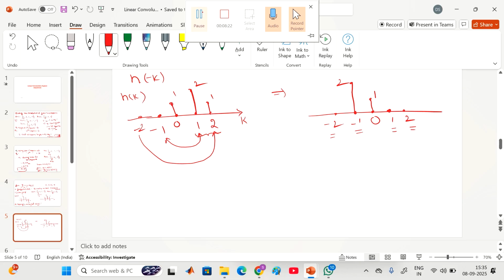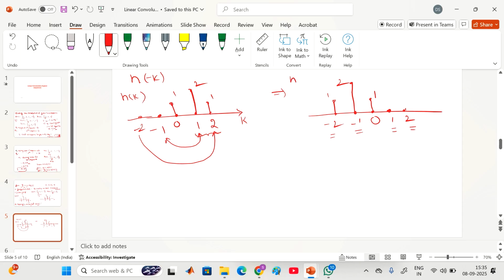Again, the 2 at k is equal to 2 will be shifted to k is equal to minus 2, and the value at 2 is 0. Now this is h of minus k and the x-axis is k. So this is how we have to shift the sequences. This is called folding.